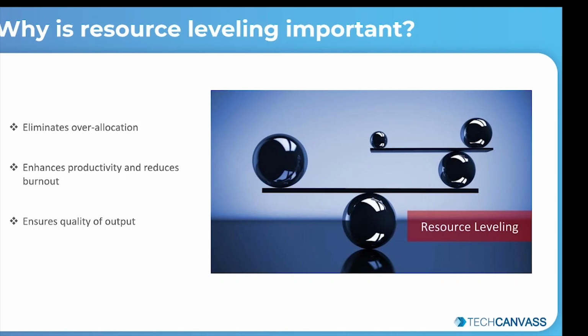Productivity is also improved and resources can focus on the highest priority work without juggling other tasks. It also ensures that the quality of output remains intact. When the resources can focus on a single task, the likelihood of a quality outcome increases.